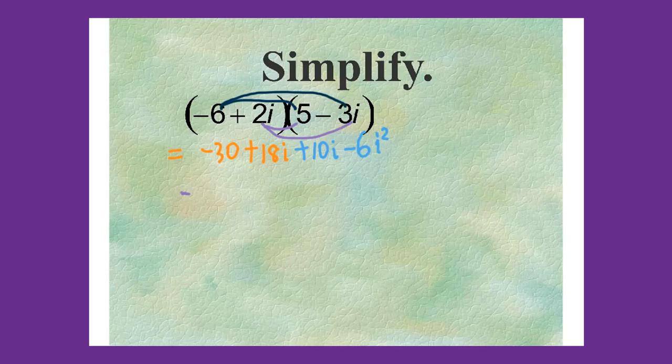Before we combine like terms, i squared gets -1. Therefore, -6i squared means positive 6. Then combine like terms. -30 plus 6, -24. These two combine like terms, that's 28i.